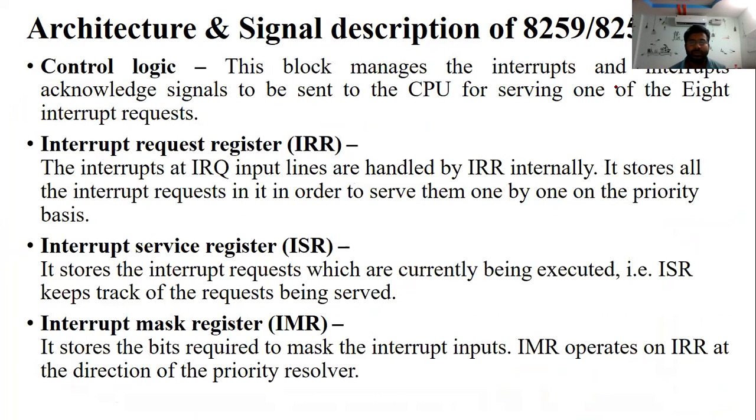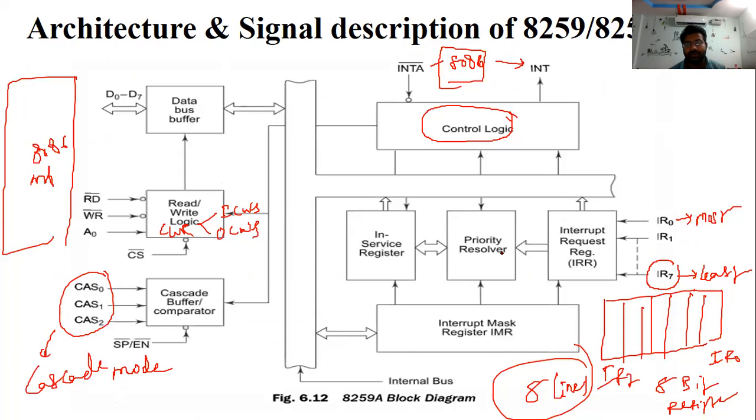What different types of registers are available here? The interrupt request register, the priority resolver, the in-service register, and the interrupt mask register IMR. The interrupt request register stores the bits given by IR0, IR1, IR7, and so on.